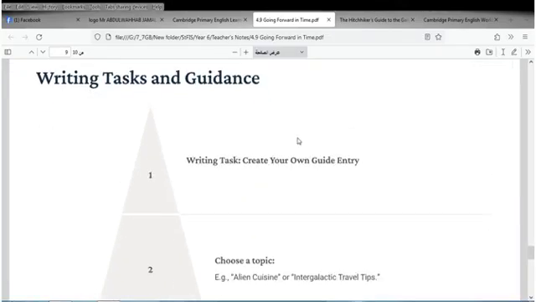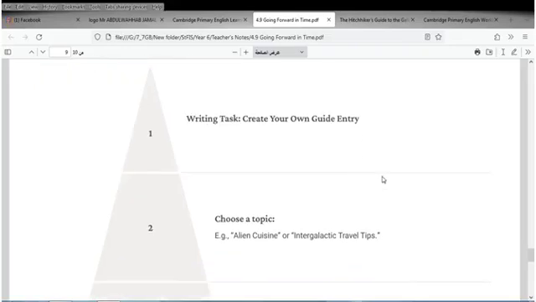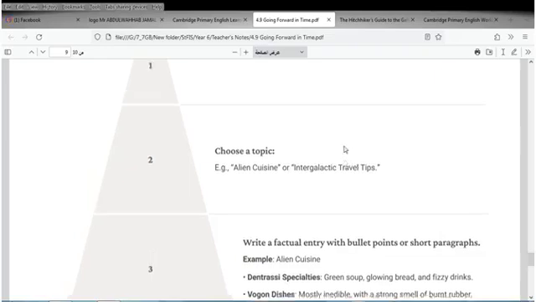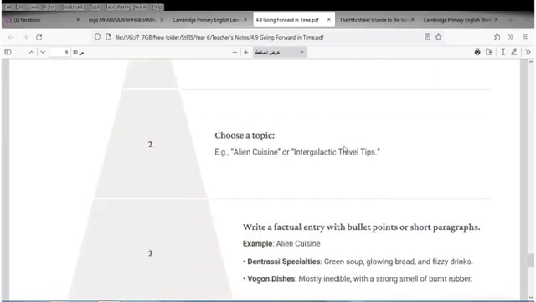Writing task and guidance: as I said, create your own guide entry the same as the Hitchhiker's Guide to the Galaxy. Number one, you will choose a topic like alien cuisine or intergalactic travel tips.